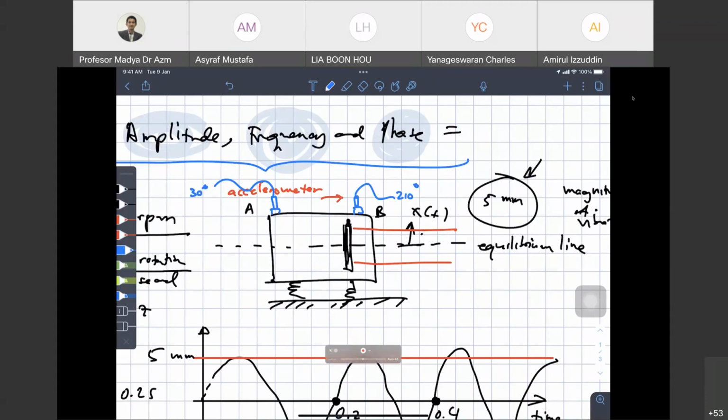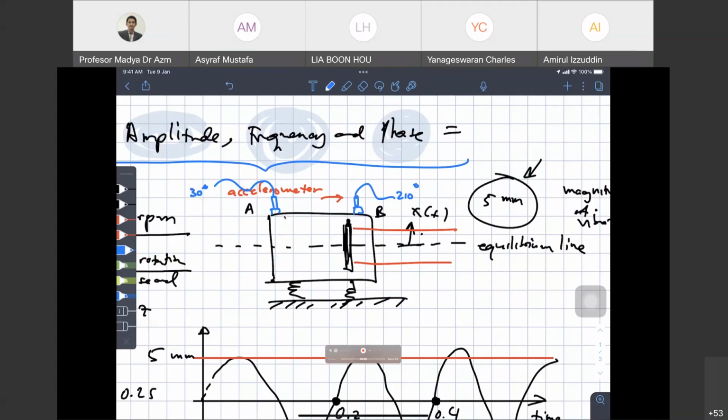The movement will be in opposite direction, Doctor.